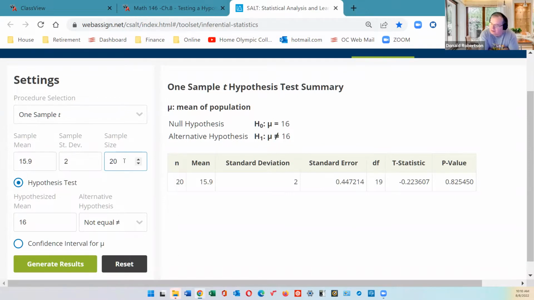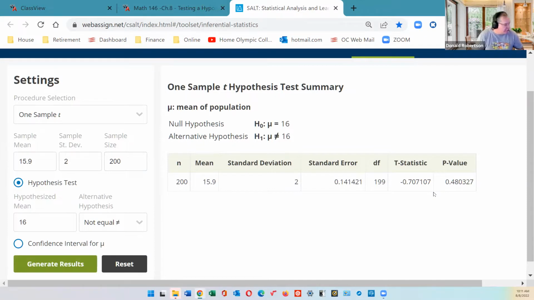In other words, get bigger? What do you think should happen if I make this 200 instead of 20? It should get smaller, shouldn't it? Because more data, more accurate should be reflected in the p-value. So here's the 200, 0.82, gotcha. It's now down to 0.48.